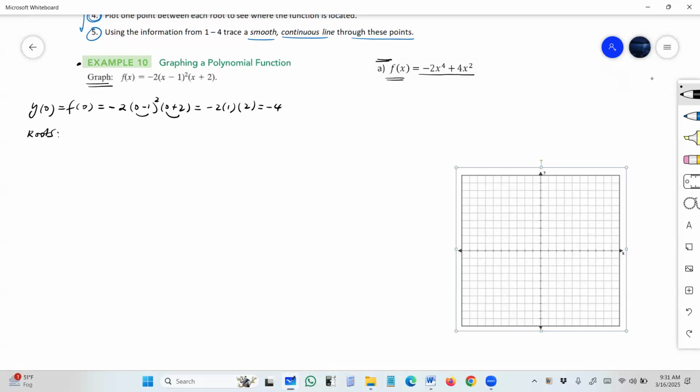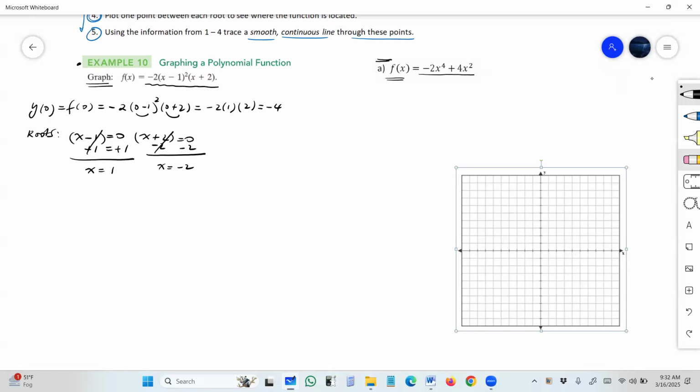But once it's in this format, I set each factor to 0 and I solve for x. Obviously here, plus 1 on both sides. This is one root, and minus 2 on both sides. This is another root. Okay, so these are the roots: x equals 1, x equals -2.